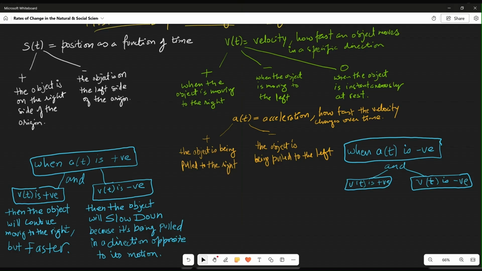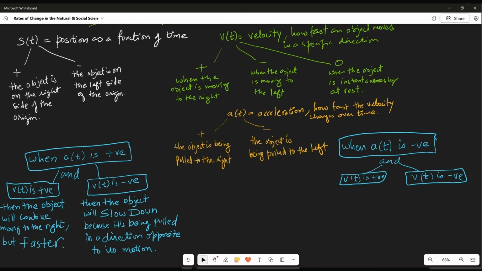So what does it tell us? Can you guys tell me before I write it down? We have already looked at when acceleration is positive. Now can you tell what it means when velocity is positive versus negative? Okay, so let's look at this one now.